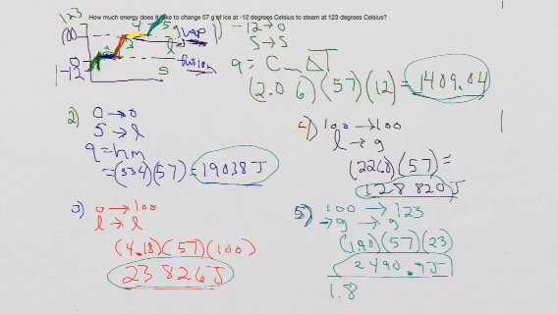By the time you round it to significant digits, 1.8 times 10 to the 5th joules. I went with two significant digits, I think, because of the 57 and because of the 12, because you always go with the least amount. So that's how you do one of the multiple step problems.